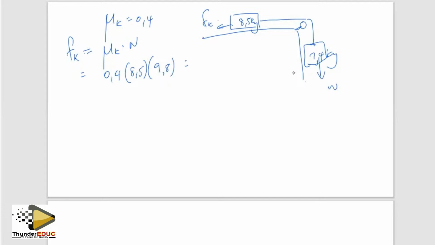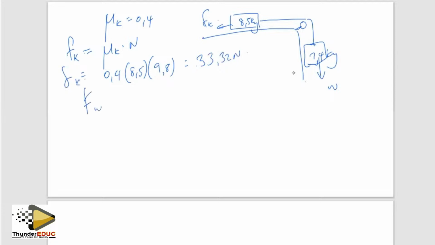So punching that into my calculator, what do I get? 0.4 times 8.5 times 9.8. That gives me 33.32 newtons. That is the kinetic friction force.